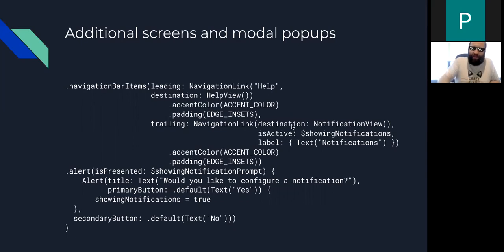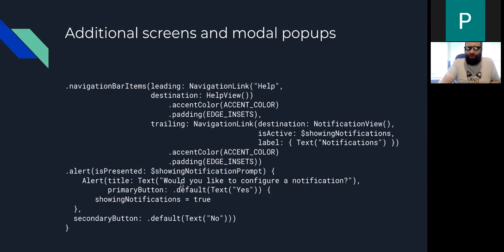As you can see, I've done here with the link to... actually, sorry, I got that wrong. Is active does not enable and disable the button. It activates the actual transition. This is what I've done here with the alert.